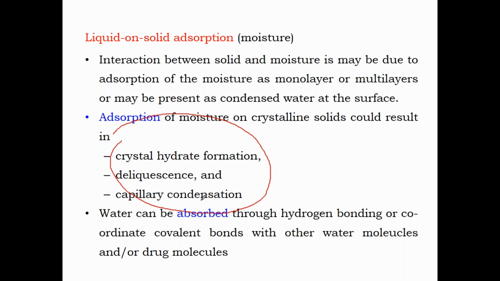There is also capillary condensation, where the moisture keeps condensing down into the particles by capillary action. Water can be absorbed through hydrogen bonding, this is just a mechanism for your knowledge. The water can be absorbed through hydrogen bonding or coordinate covalent bonds. Okay, it can form either with other water molecules or with the drug molecules. So this is how the water can play its role. So liquid on solid adsorption is another type of physical interaction which you can expect in drug excipient interaction.